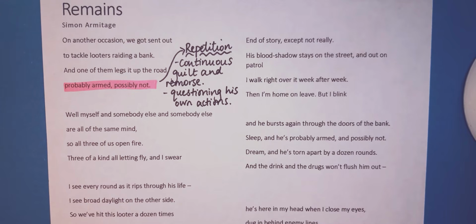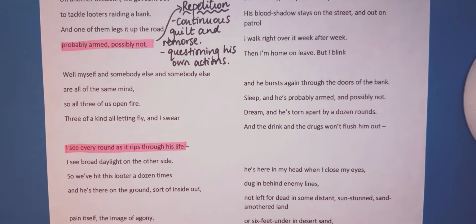Now the next quote that we're going to pick is right here. At the beginning, when I was saying in the summary how the death of the man is very graphically described, this is what I was talking about. It says, "I see every round as it rips through his life." Now the first thing we do is look at the language feature, which is hyperbole.